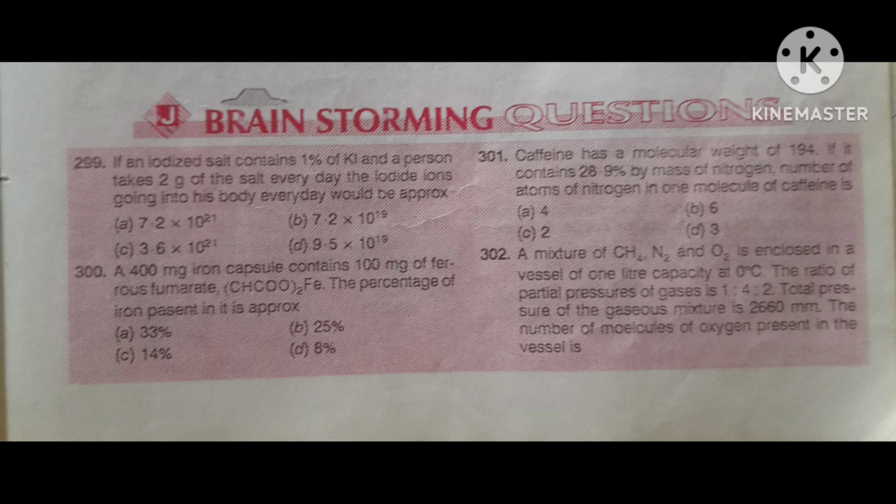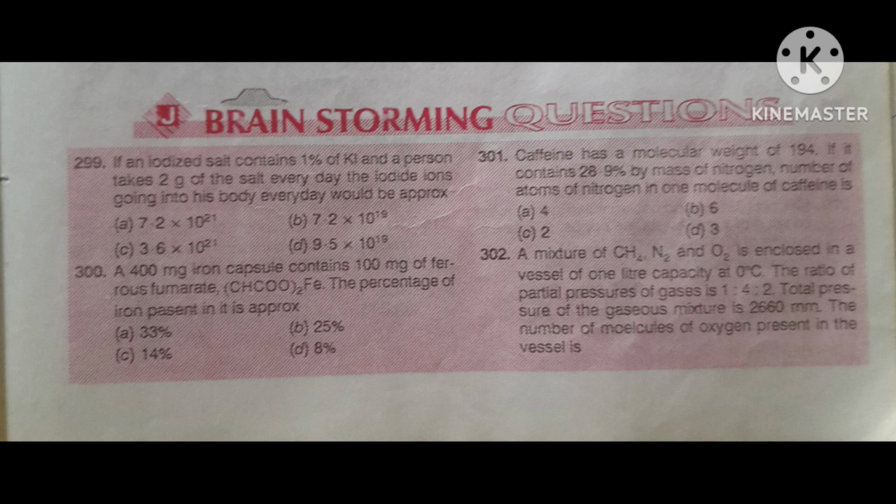The number of molecules of oxygen present in the vessel is: first option 6.02 into 10 to the power 23 divided by 22.4. Second option 6.02 into 10 to the power 23. Third option 22.4 into 10 to the power 22. And fourth option 1000.